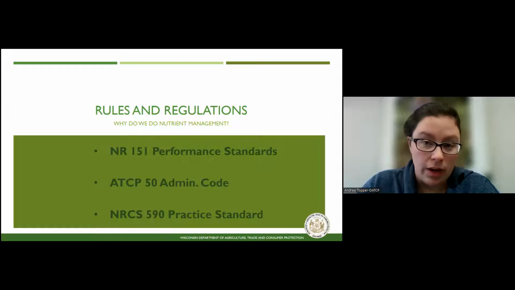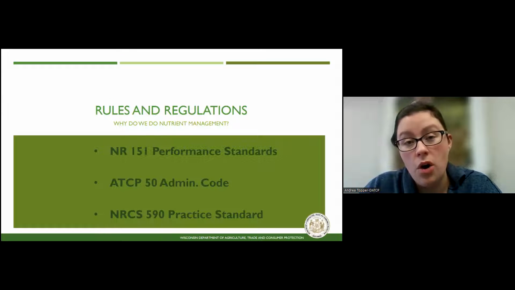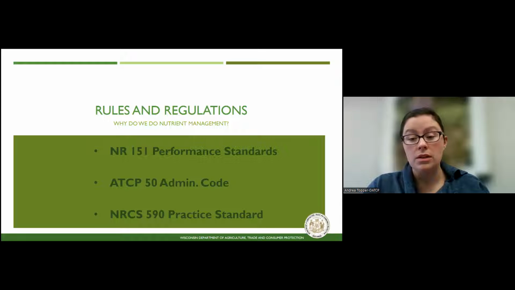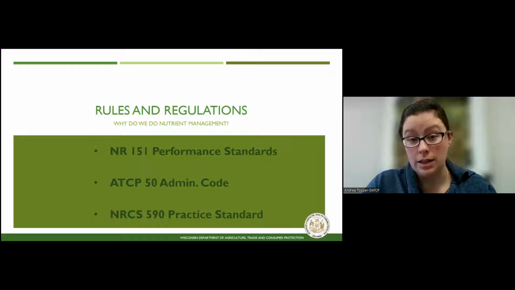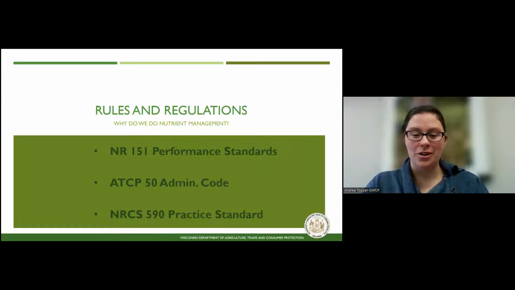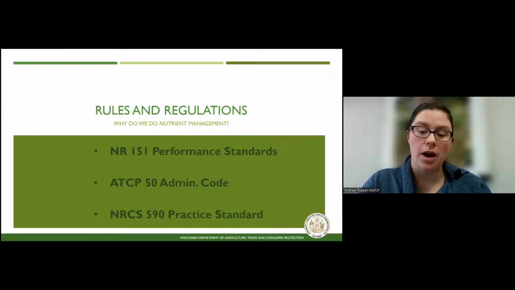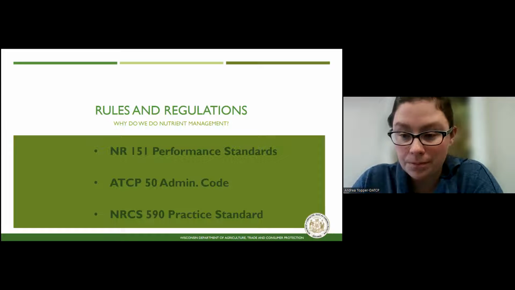DATCP, the Department of Ag, Trade, and Consumer Protection, is then charged with providing guidance for meeting those statutes, which is why we have the rule ATCP 50. ATCP 50 is an administrative code that says in order to meet the nutrient management performance standards dictated by DNR's NR 151, we need to follow NRCS's 590 practice standard. And NRCS is a federal agency that sets conservation practice standards like 590.